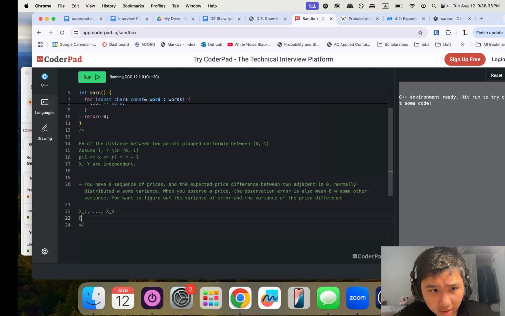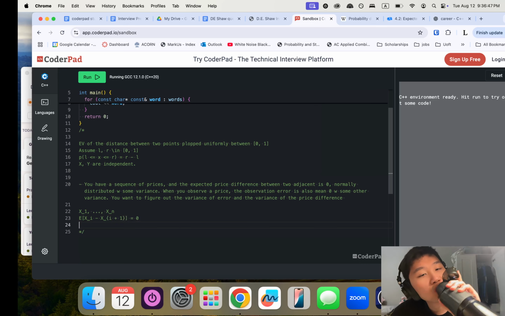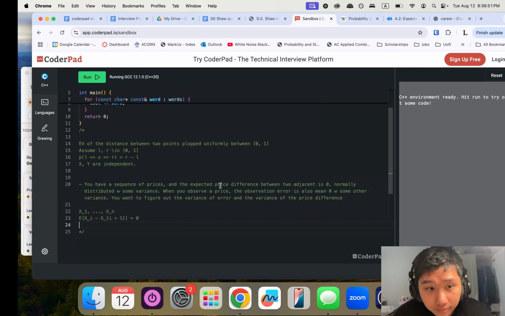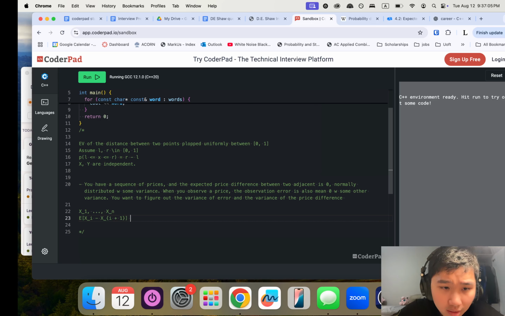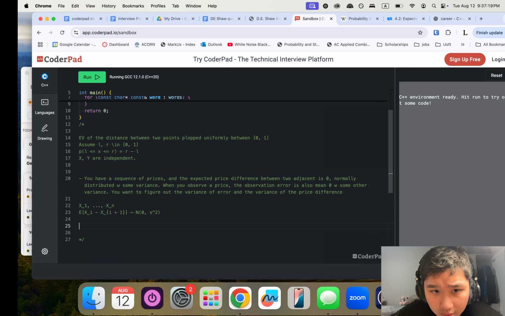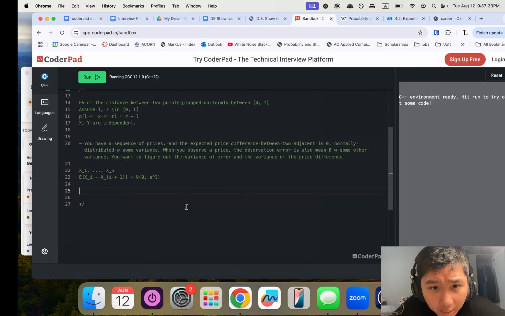This is a sequence of prices, and then we have the expected value of xi minus xi plus 1 is going to be equal to 0. So the difference is going to be normally distributed with variance sigma squared. Let's call this S. You want to figure out the variance of an error.